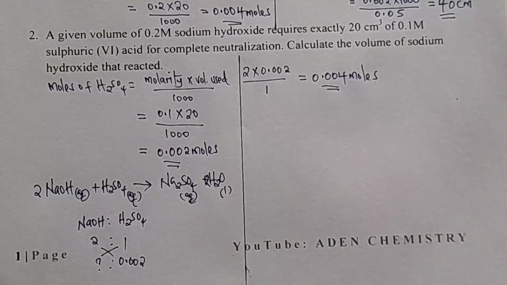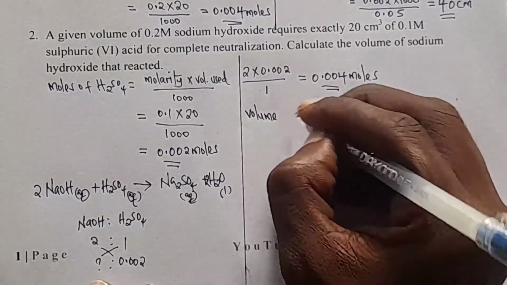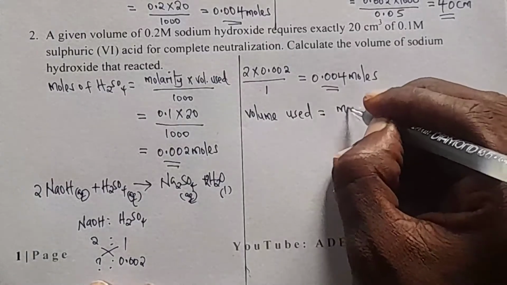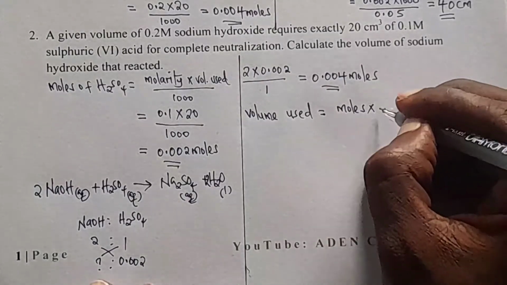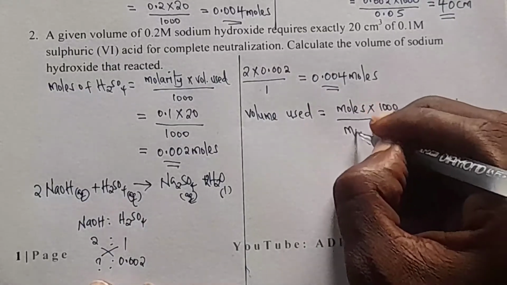If we have the number of moles, we can get the volume of the sodium hydroxide used by using the formula: volume used is equal to moles times 1000 divided by molarity.